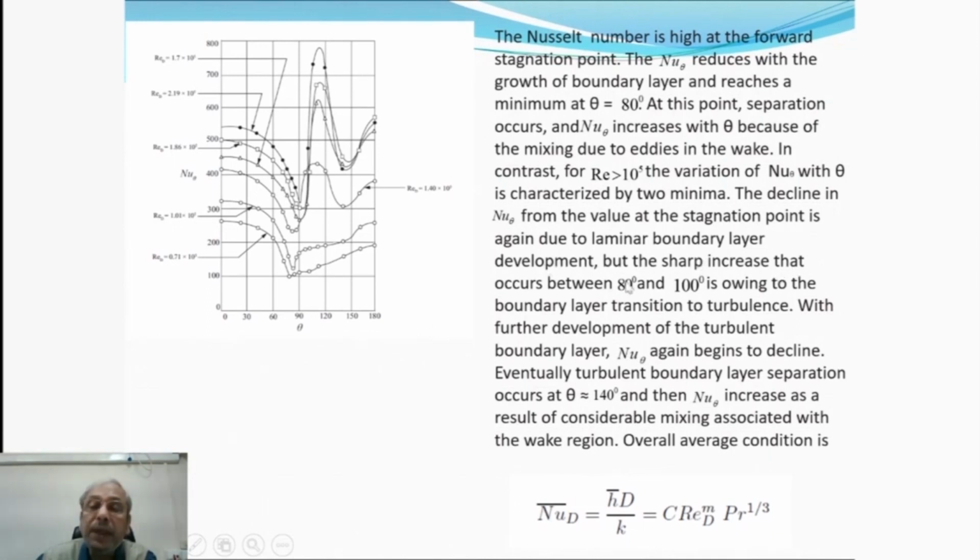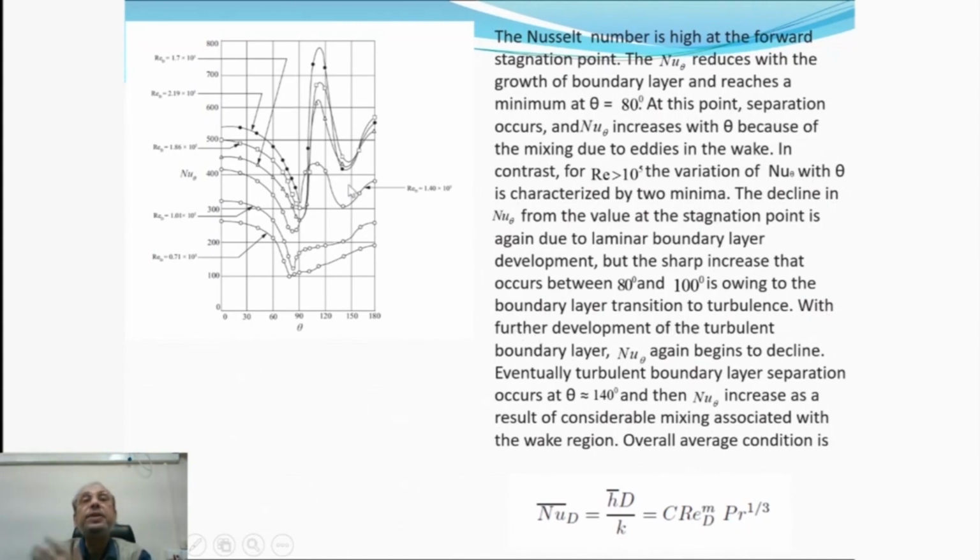But the sharp increase that occurs between 80 and roughly 100 degrees is owing to the boundary layer transition to turbulence.